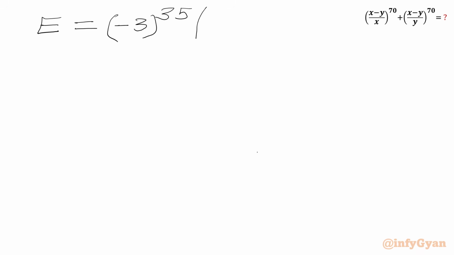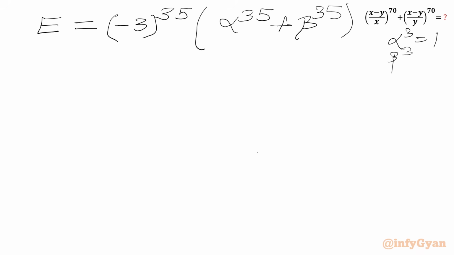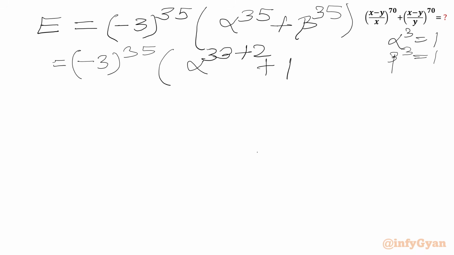It is equal to minus 3 raised to the power 35 in bracket alpha power 35 plus beta power 35. We have alpha cube 1, beta cube 1. So we can write expression will be minus 3 raised to the power 35 in bracket. We can split 35, 33 plus 2 plus beta raised to the power 33 plus 2.